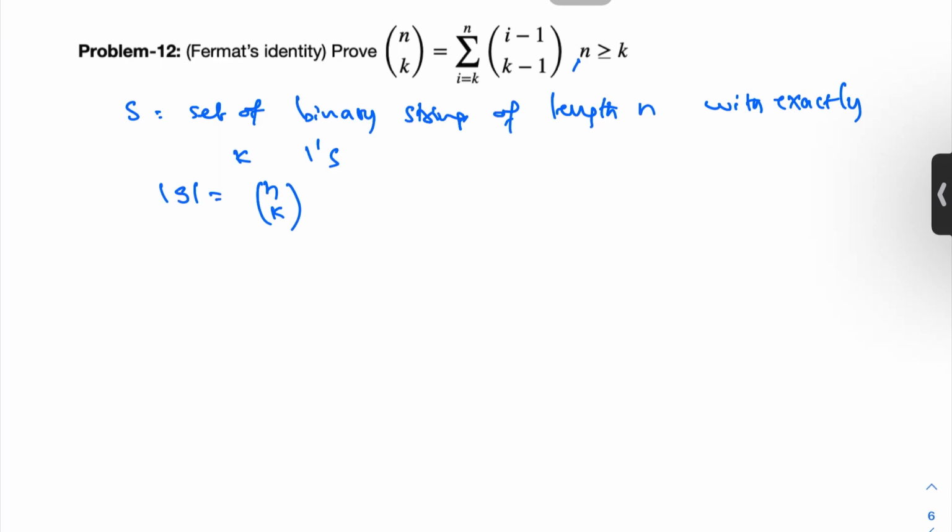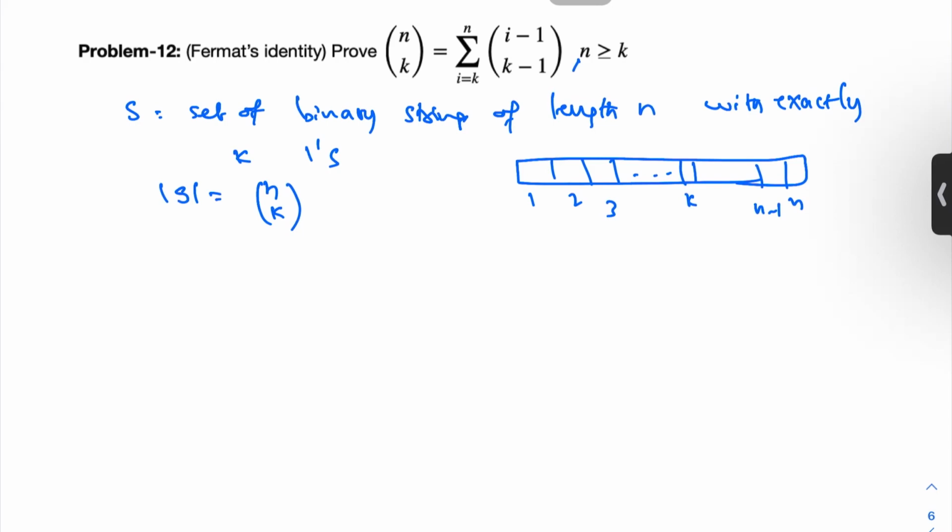If you look at any binary string of length n, with positions 1, 2, 3, and so on up to n, let us say here we have k.